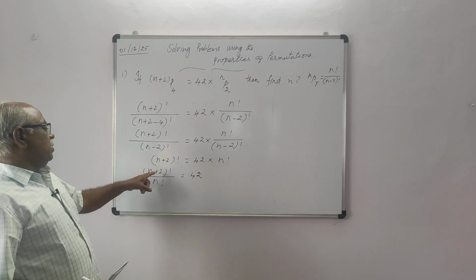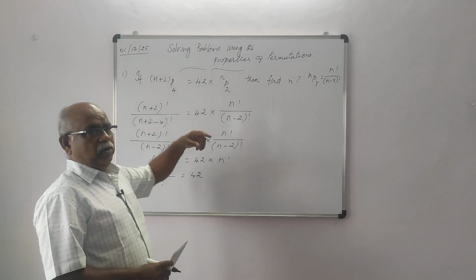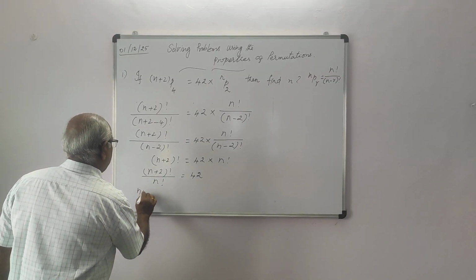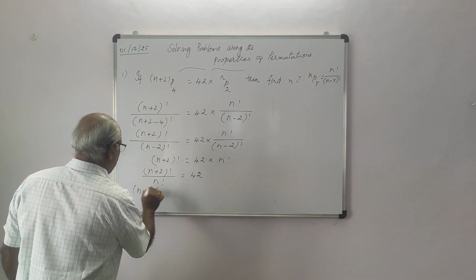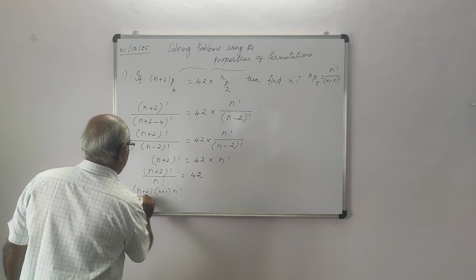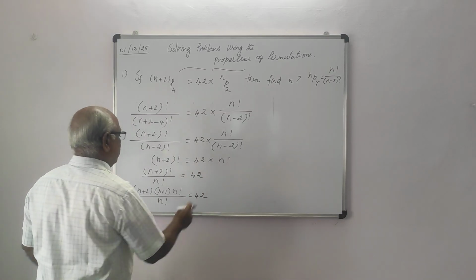See, n plus 2 factorial is n plus 2 into n plus 1 into n factorial. You can split this n plus 2 factorial as n plus 2 into n plus 1 into n factorial, divided by n factorial equal to 42.